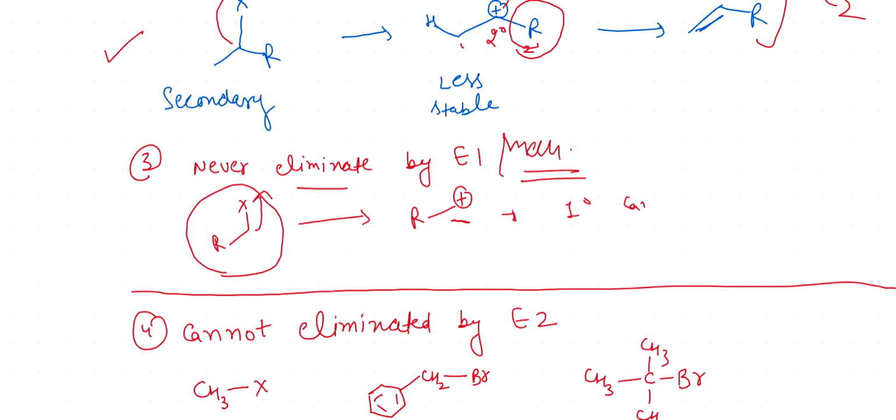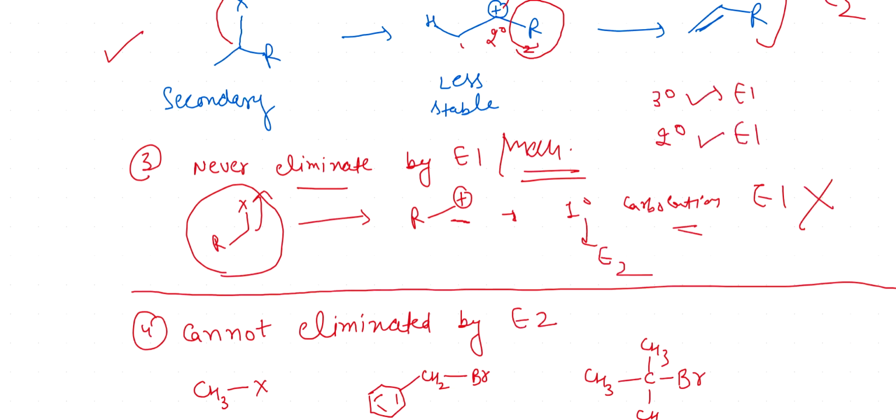It never undergoes the E1 mechanism. Here the elimination will proceed via the E2 mechanism. So you can summarize the nature of the substrate over here. The tertiary carbocation prefers to undergo E1. Secondary likes to undergo both E1 as well as E2. Primary would like to undergo elimination only by the E2 mechanism.